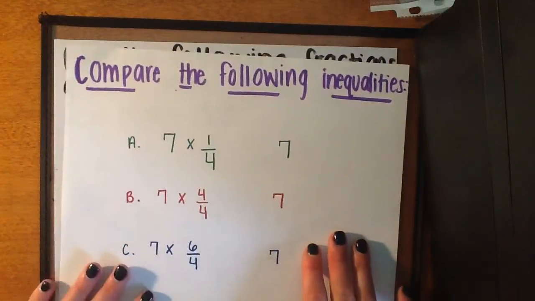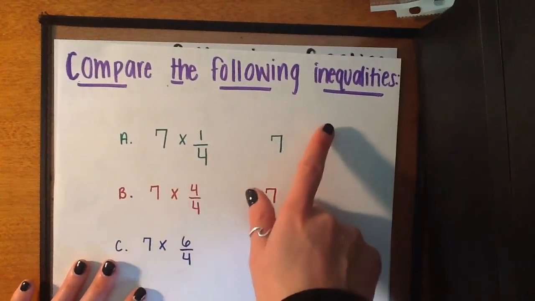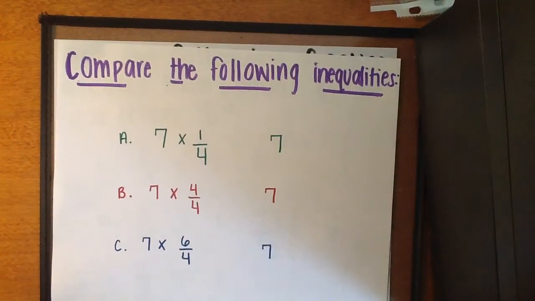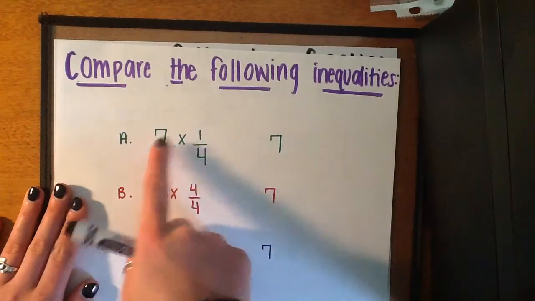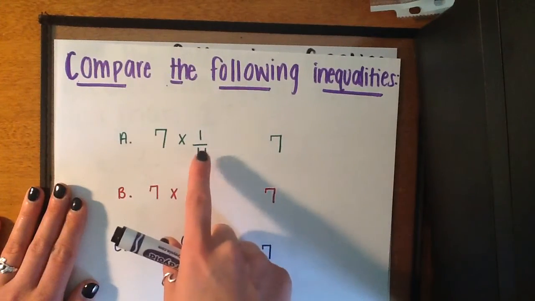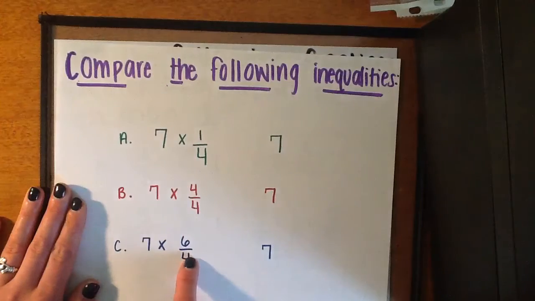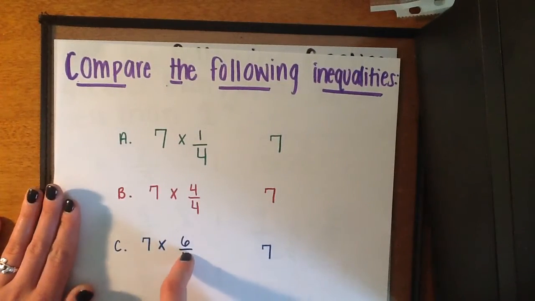So now we have these to compare, these inequalities. Now, we're basically going to be doing the same exact thing that we just did, and we're not really going to worry about those 7s on both sides because they both have a 7. So I want to look at the fractions that are right in the middle.